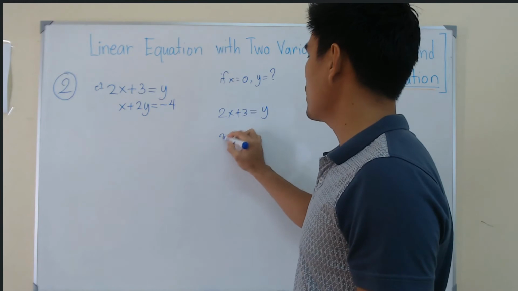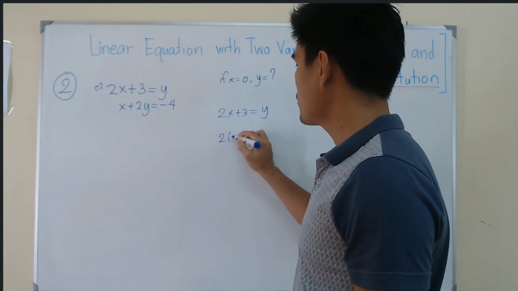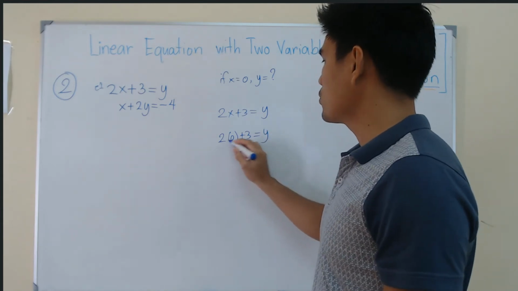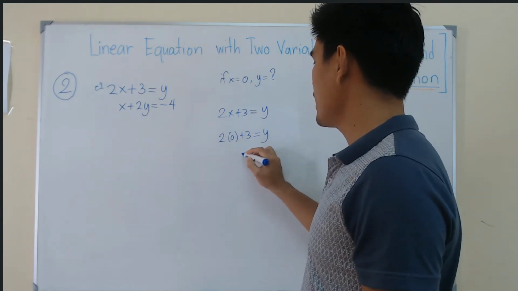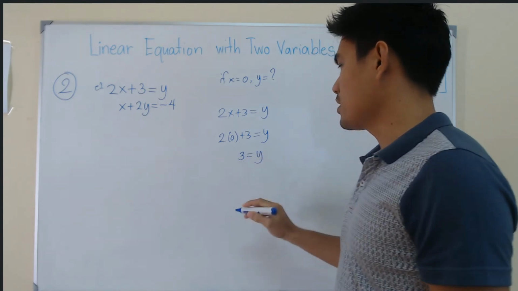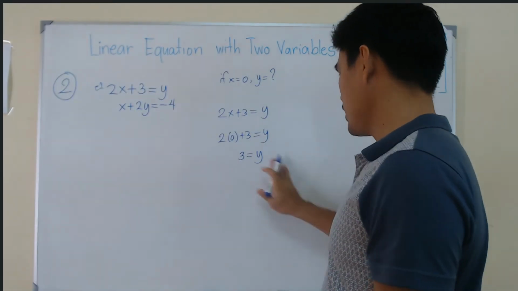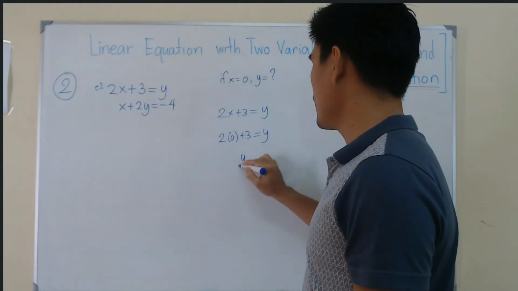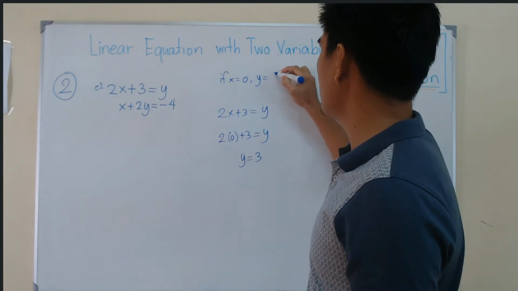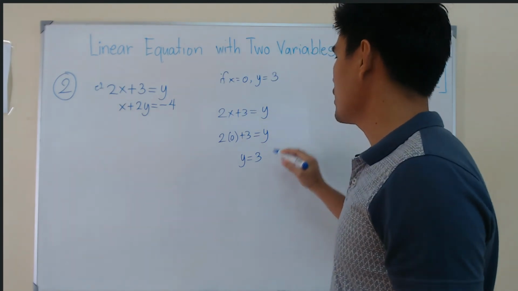X is 0, so we have 2 times 0 plus 3 is equal to y. 2 times 0 is 0, so we have 3 is equal to y. But it's better to write down y is equal to 3. Okay? So we have y is equal to 3.